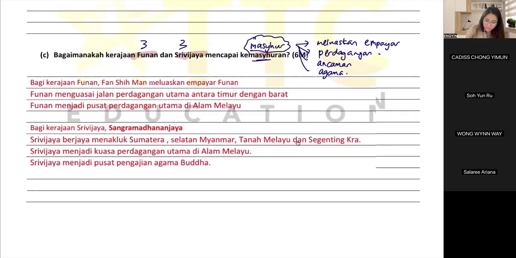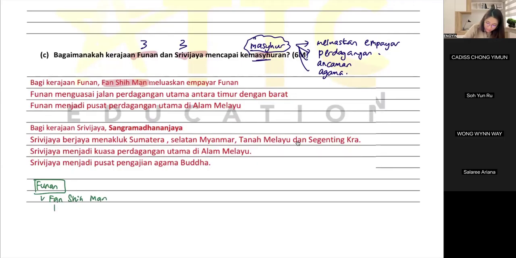Bagi Kerajaan Funan, Fan Shiman. This is the word that you need to memorize. So, what I will do is take another colored pen and write it out. Funan. The king is Fan Shiman. And what did he do?